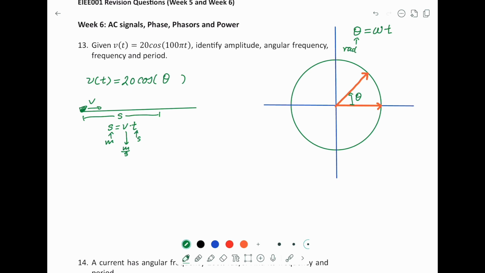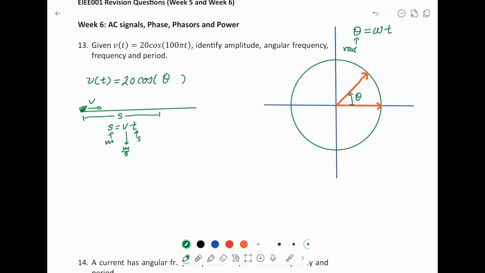Incidentally, radian is just like a reminder. Radian itself is not really a unit. It just reminds you this is a number. It tells you about the angle. If you look at how the radian is defined, you will see it's the arc over the radius, so length over length, which is dimensionless.